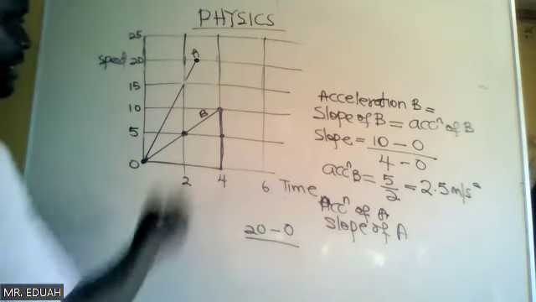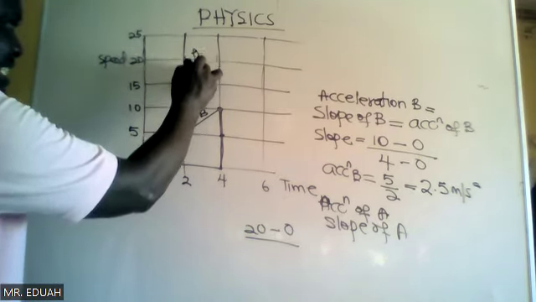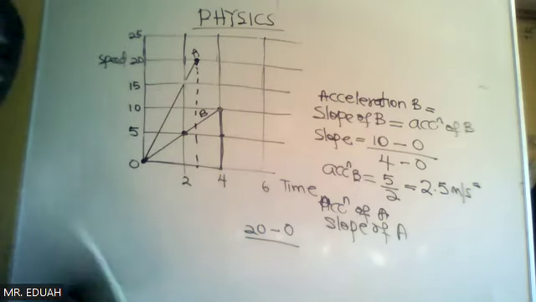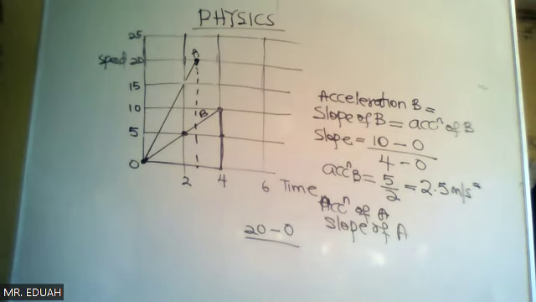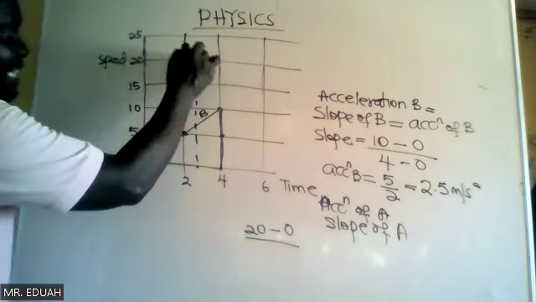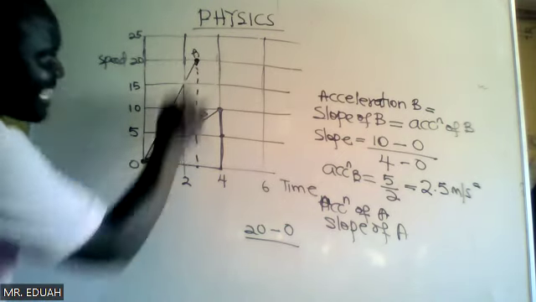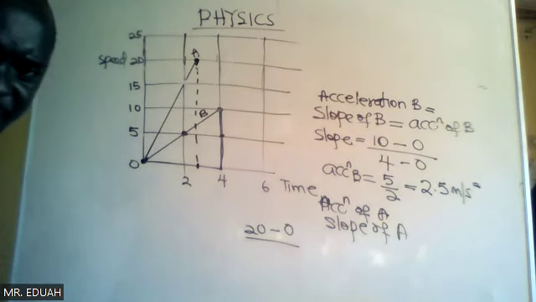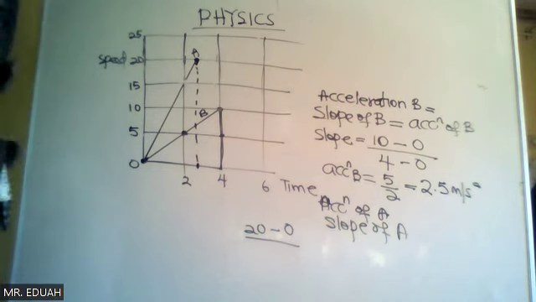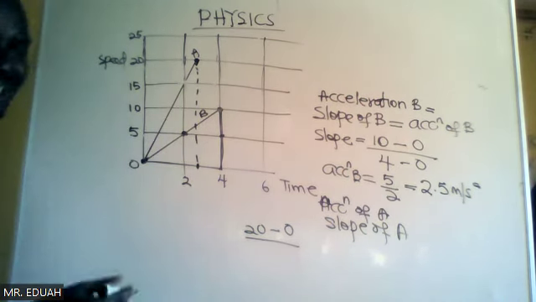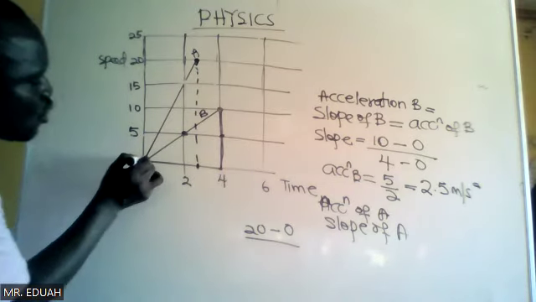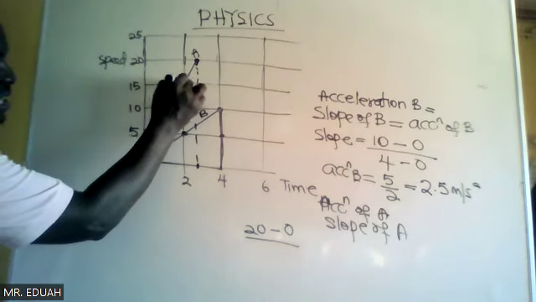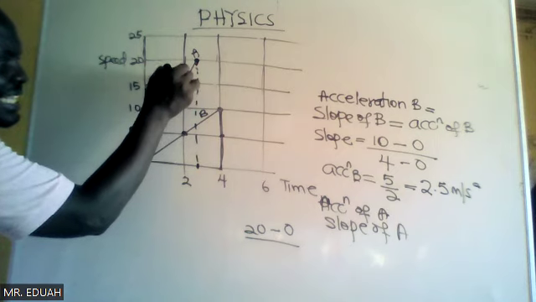But the change in the horizontal, I cannot precisely get the time for this point. I can't tell, and you can't guess. So I cannot pick this and this for the slope because I cannot determine the time for this point. Class, are you following what I'm saying? Yes, sir. So once it's a straight line, I can pick 2 other points. And the easiest way out is to pick this and this, because I can accurately get the time for this point.